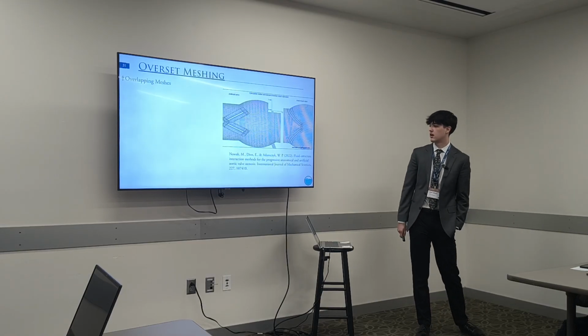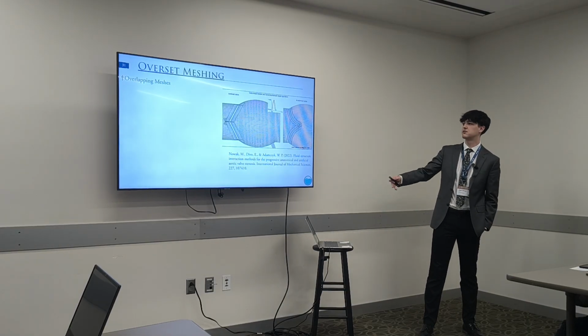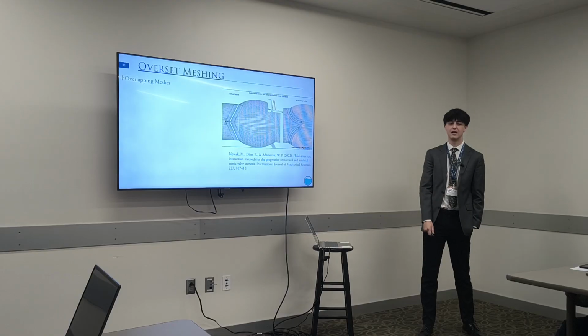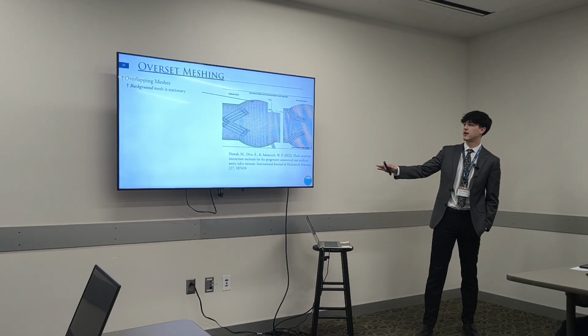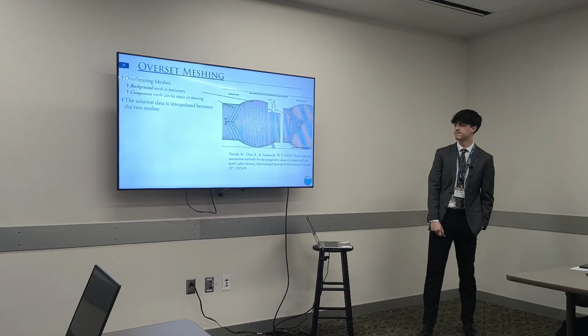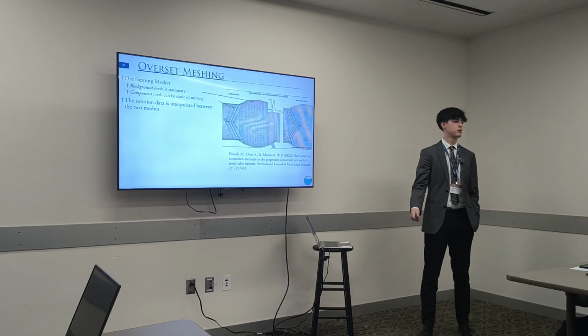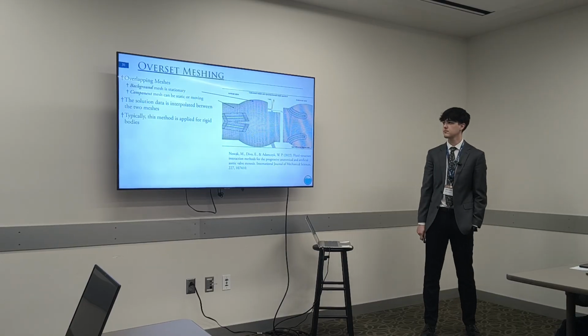So here is some work done by Nowak and others, exemplifying this overset meshing method. Here we have the arrow pointing to our background mesh, which is stationary, and then our component mesh, which can be static or moving. And then the solution data is interpolated between those two meshes.